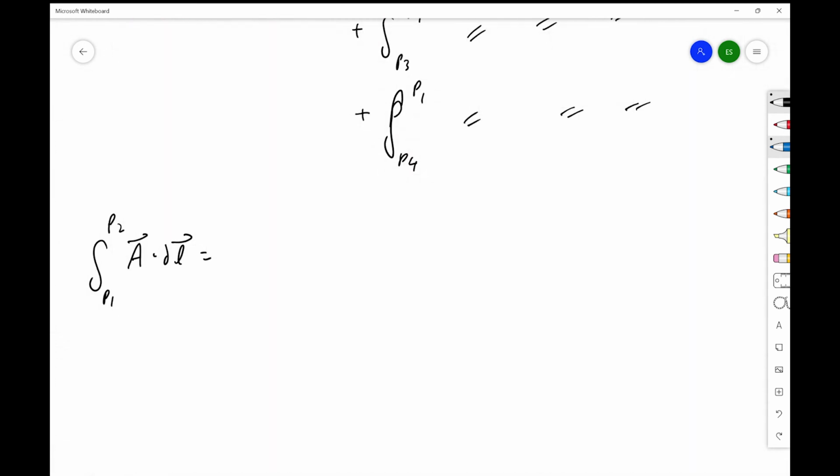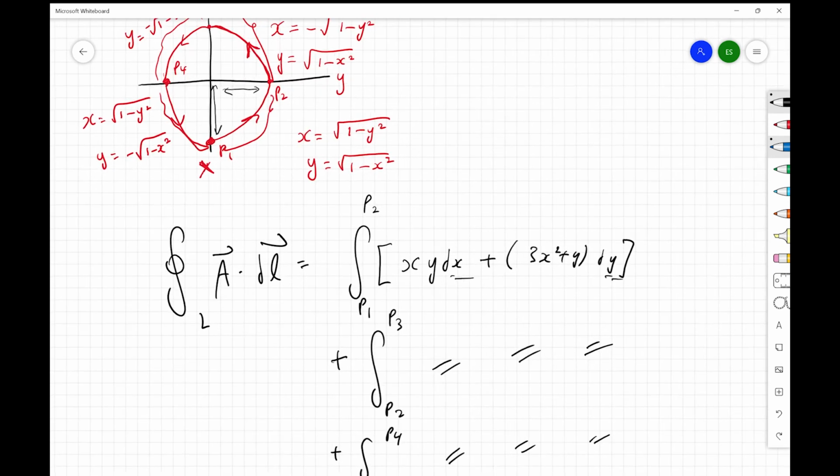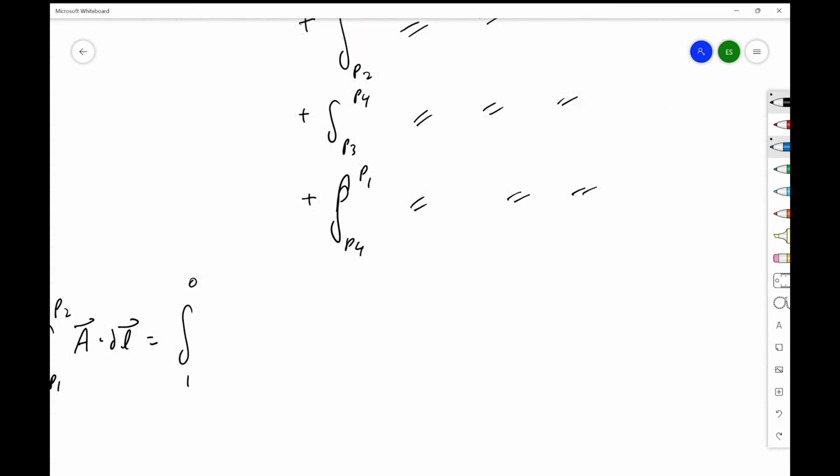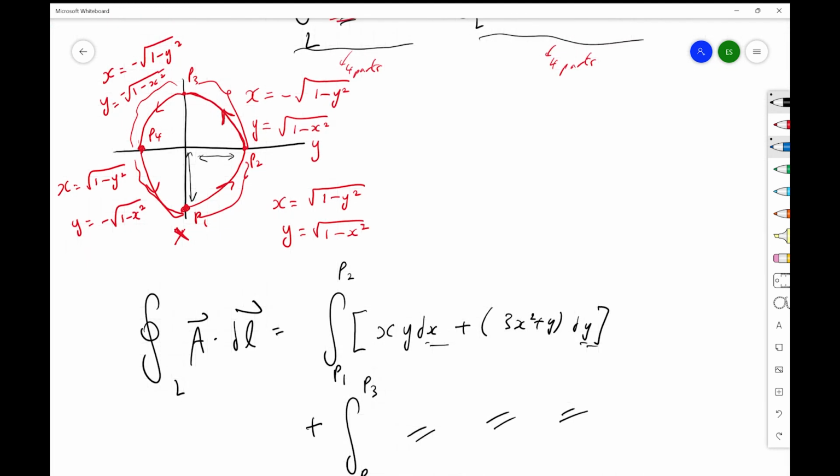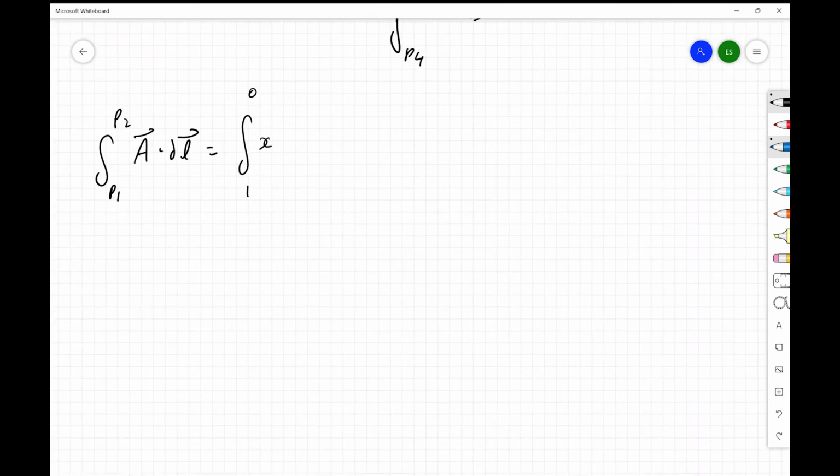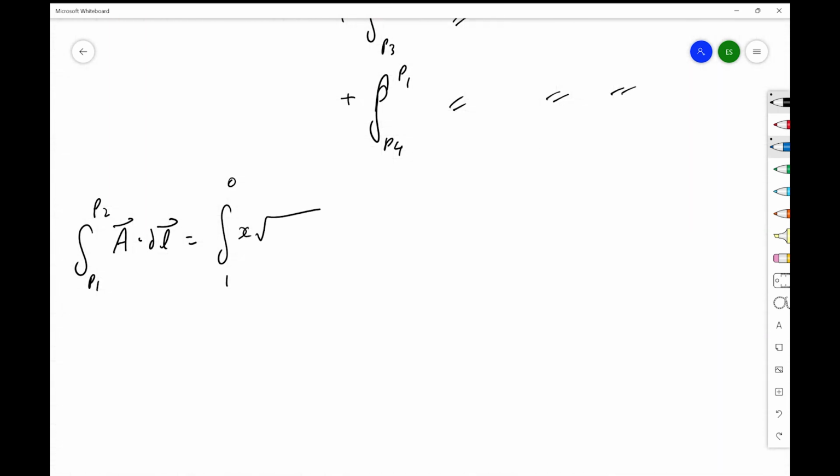So this equals the integral from 1 to 0 of xy. But how is y a function of x in this arc? Y is a function of x using this formula, right? So I'm going to write x square root 1 minus x squared dx. And then I integrate, y goes from 0 to 1.